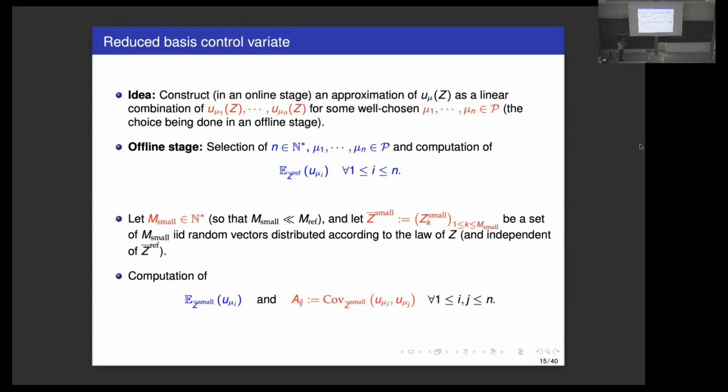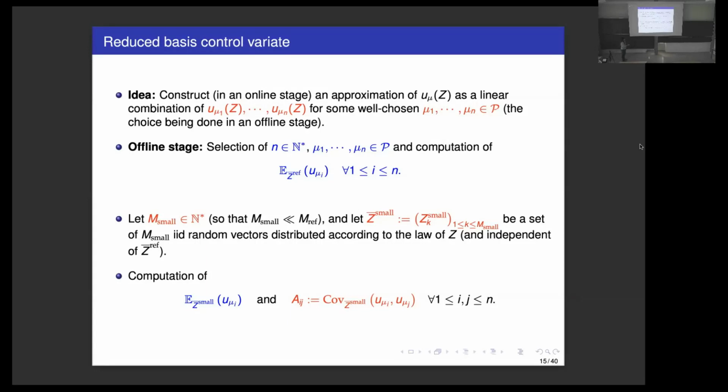Then, in an online stage, you introduce another collection of random variables of cardinality m small, which is meant to be much smaller than m_ref. I will denote by Z bar small the associated collection of IID random variables, which are still distributed according to the law of Z. And still in an offline stage, you can compute also the empirical expectation of the u_mu_i associated to these new samples with smaller size than the reference one.